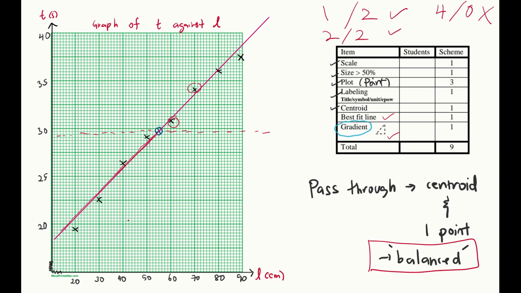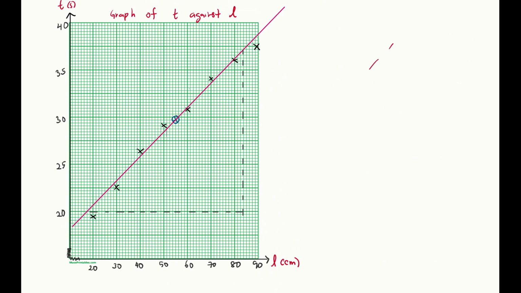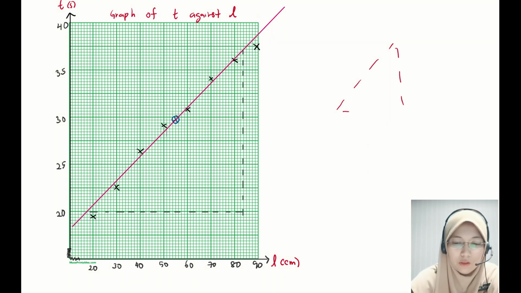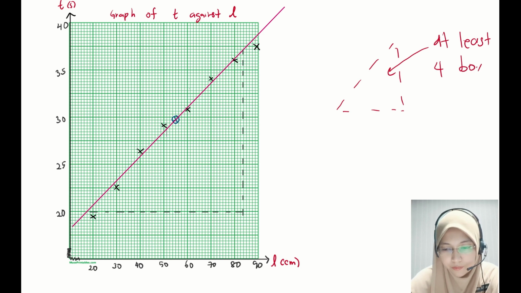The last one is to get the gradient. To get the gradient, we need to have a triangle here, a triangle with dotted lines. Inside this triangle, you're supposed to have at least 4 boxes.